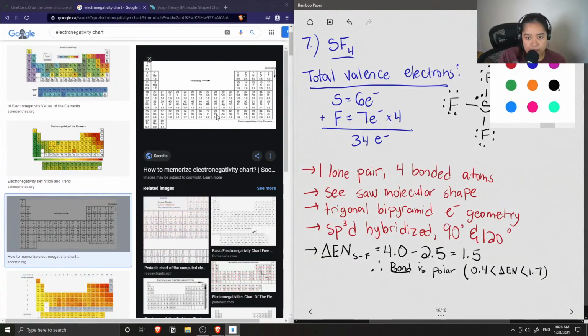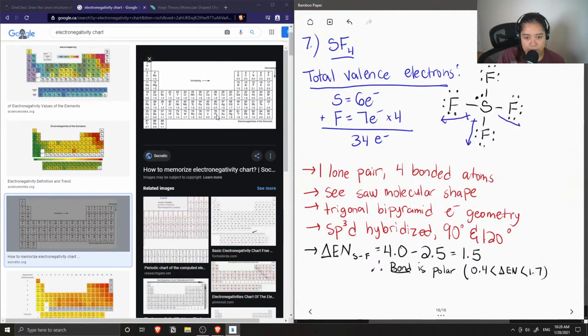We can also show these as dipole moments on our molecule. Since fluorine is much more electronegative than sulfur, we can show these dipole moments like that. But due to the lone pair, these dipole moments don't cancel each other out.